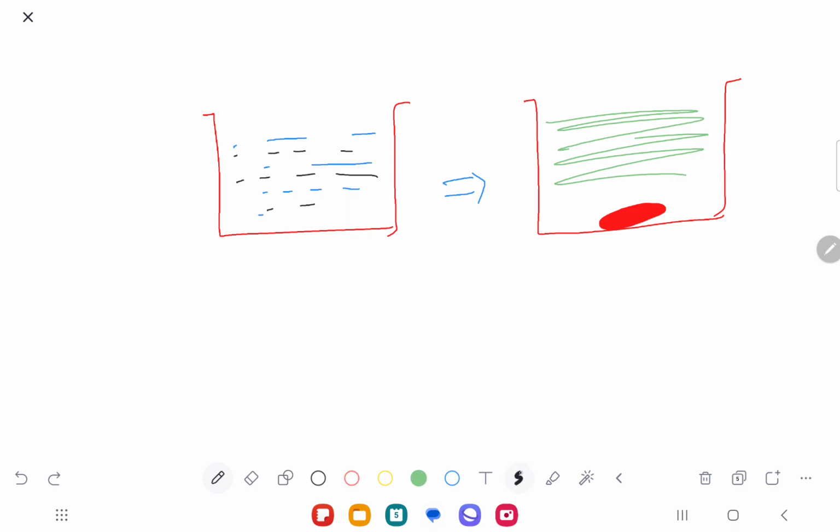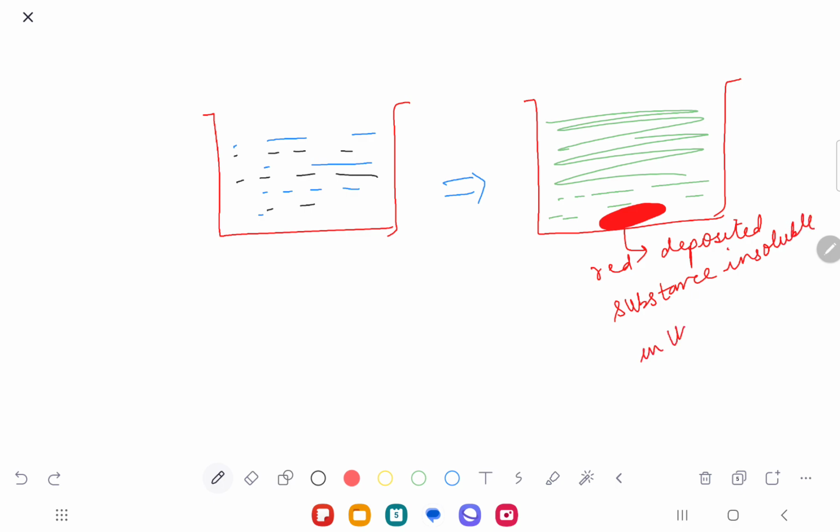The green liquid remains at the top, isn't it? And the red solid is deposited like mud gets deposited in water. That means this red deposited substance, which is insoluble in the liquid, is called a precipitate.